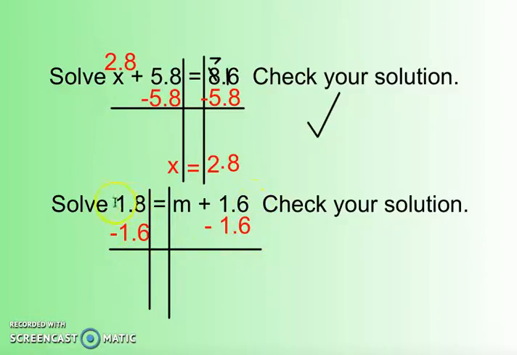But over here, 1.8 minus 1.6, I lined up the decimal points, and now I just subtract as normal. 18 minus 16, kind of look at it that way to get your answer. But we still need that decimal point, so we drop it down, and we get 0.2. So my answer for m is 0.2.